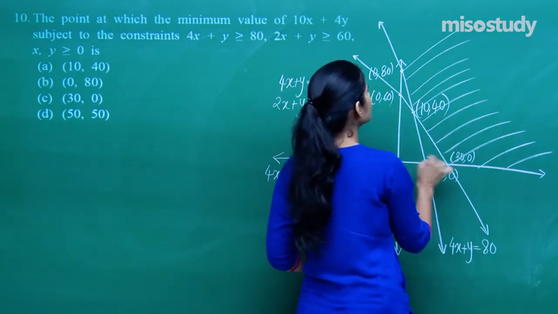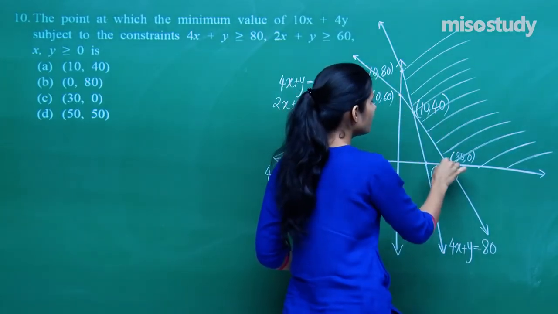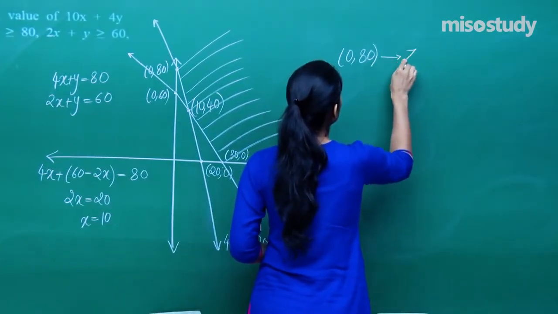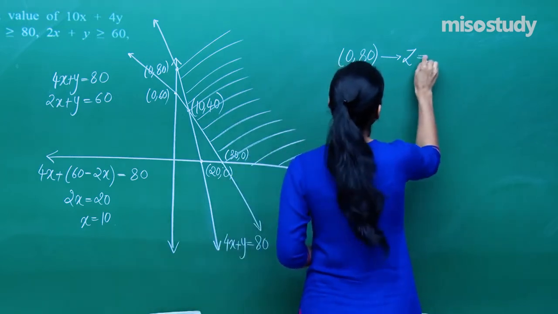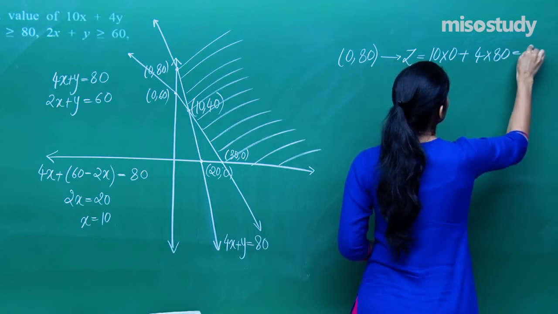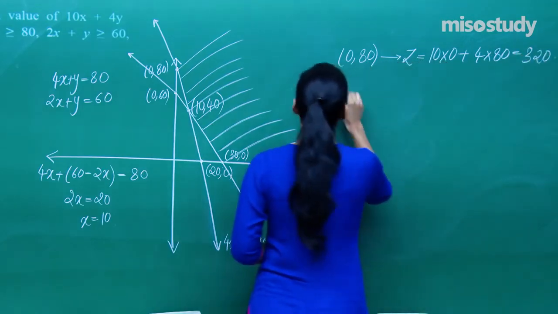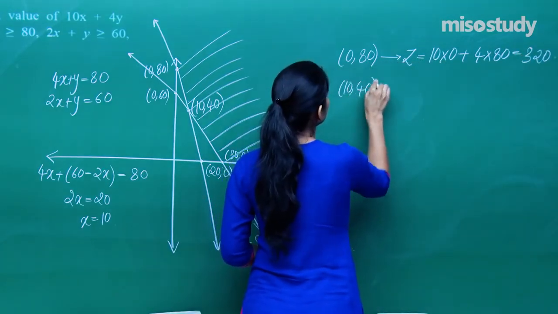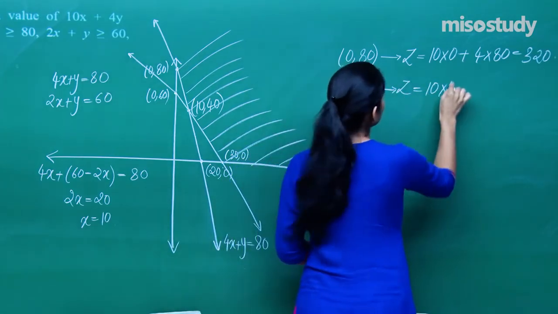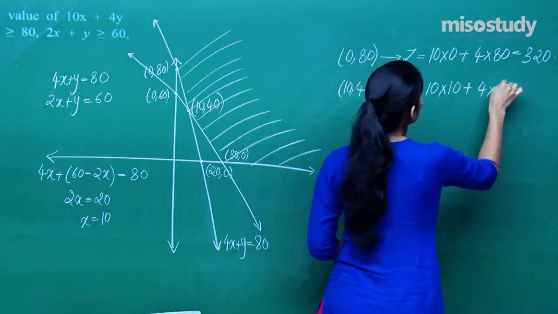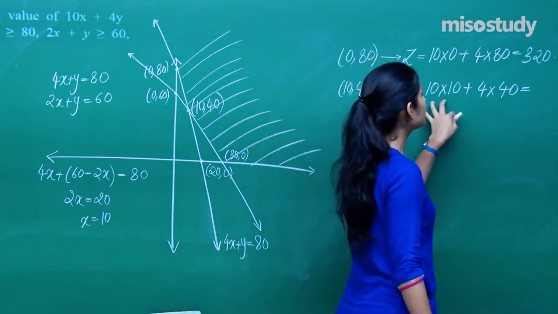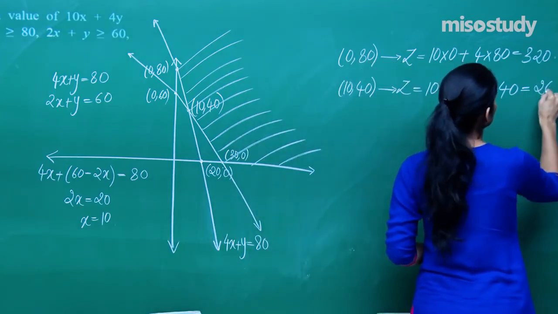So we have these 3 points to check: 0, 80; 10, 40; and 30, 0. At 0, 80, z is 10x plus 4y, 10 into 0 plus 4 into 80, which is 320. At 10, 40, z is 10 into 10 plus 4 into 40, which is 100 plus 160, which is 260.